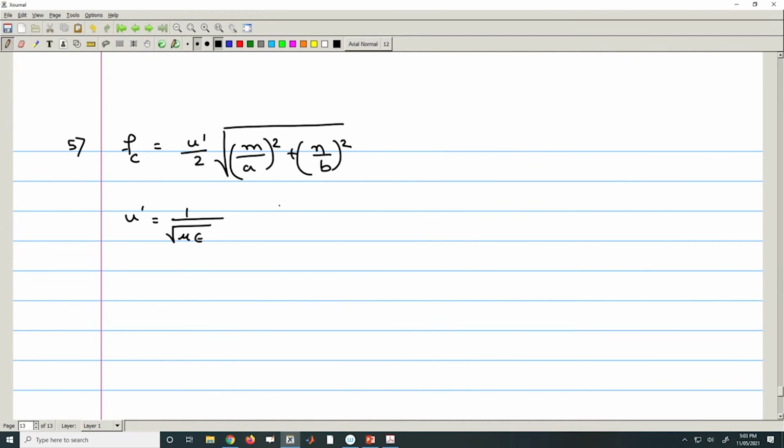So we will get Fc as C upon 2 times root of m by a squared plus n by b squared. This is the cutoff frequency.